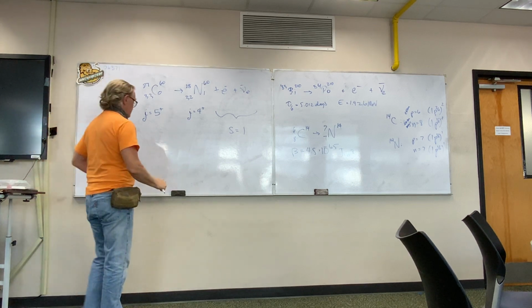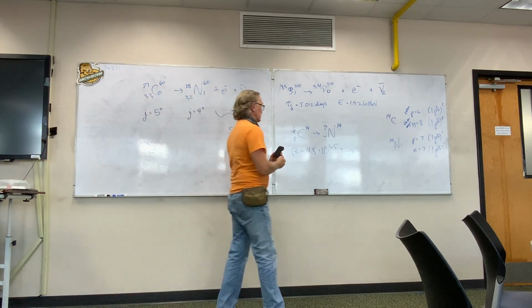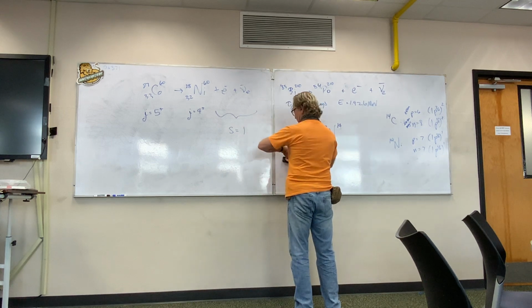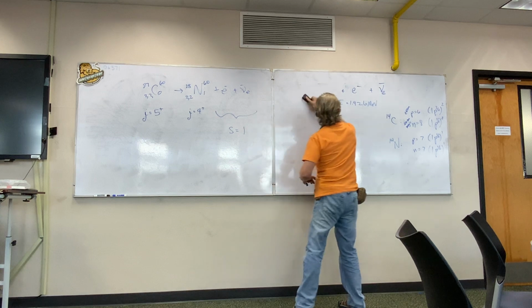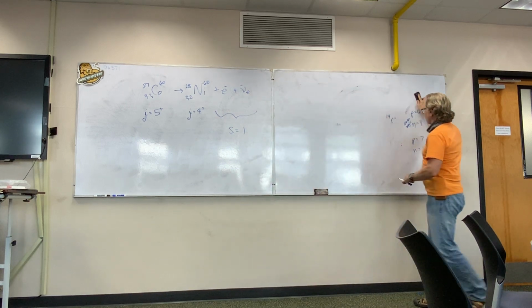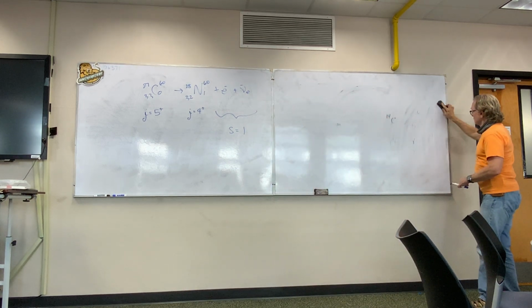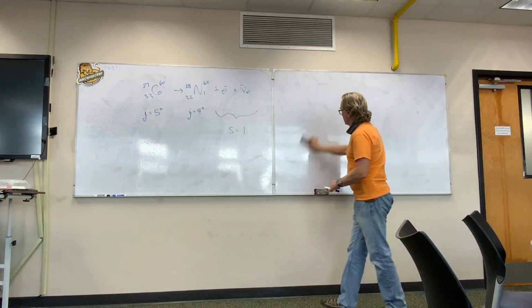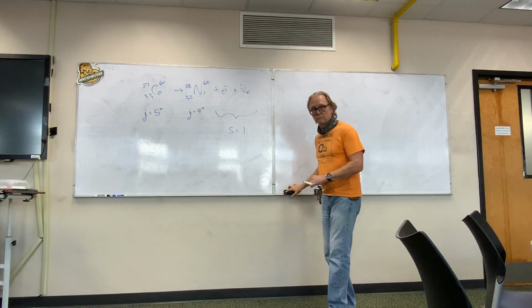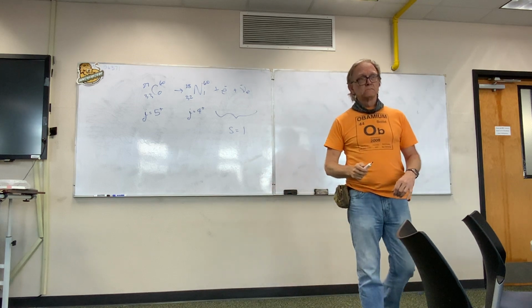So now I want to talk about the fraction that are pointing with the field. In your NMR, what fraction are pointed with or against the field? Did they ever talk about that?